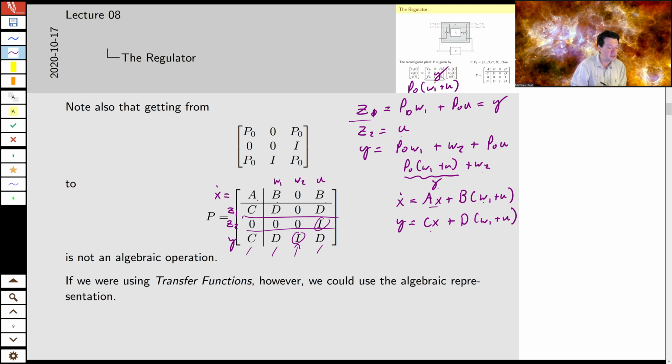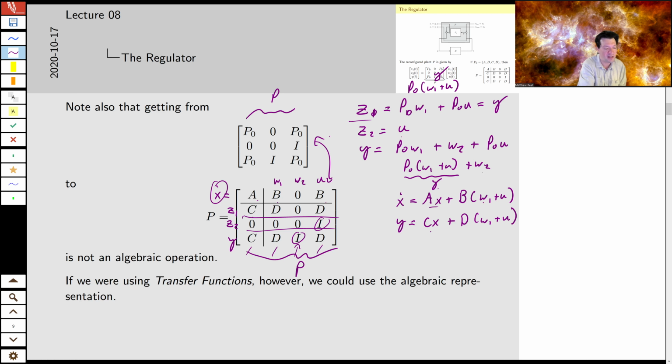So again, it's the same sort of signal decomposition, but now we have an extra constraint that we have to add that x dot in there as well. So that's the challenge for writing down the state space representation of this larger system P. How you get from here to here is not straightforward.